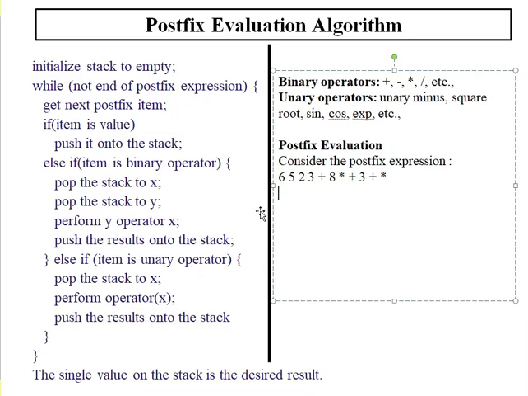So what the algorithm says is, if the item that we read from the postfix expression is a number, then we should push it on top of the stack. Assume that we have pushed it.